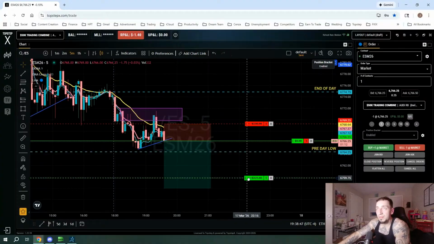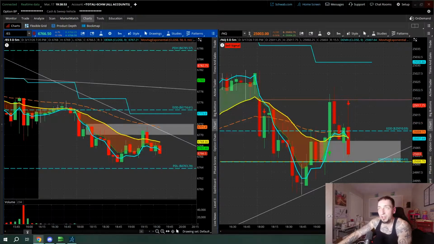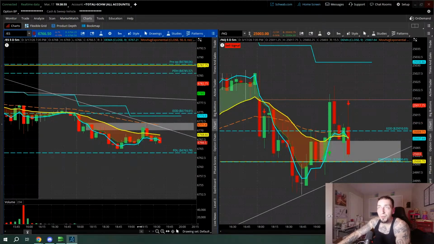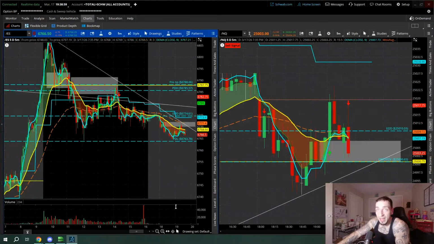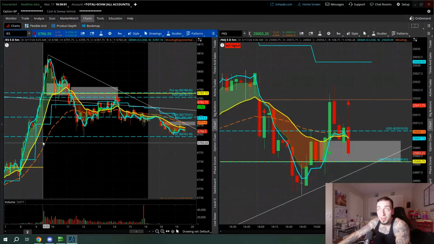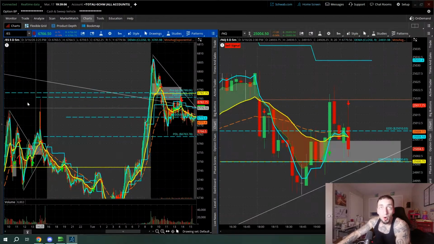Dang. Super low volume. Let's get an idea though of what our downside targets could be if we were to break previous day low. Because guys, we had a massive gap up yesterday. So if we break PDL, we're gonna come all the way down.